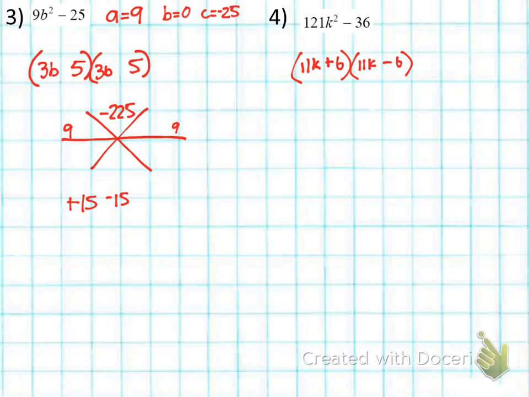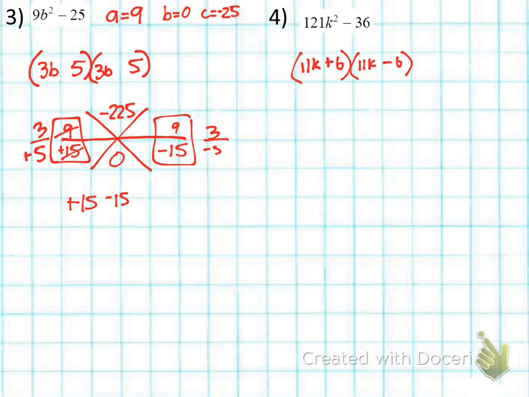I'm just showing you why this works. I'm doing the X box, and since I know my numbers, I know positive 15 times negative 15 is equal to negative 225, and it adds up to B, which is 0. So if I put positive 15 and negative 15, and reduce the fractions, it's 3 over 5 and 3 over negative 5.